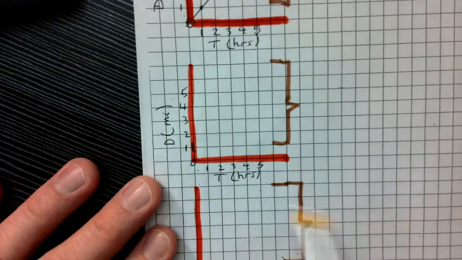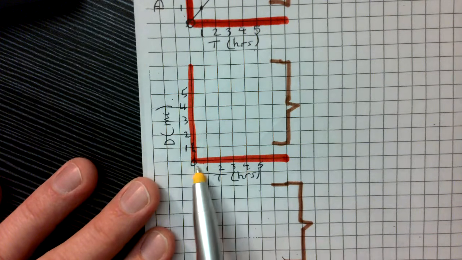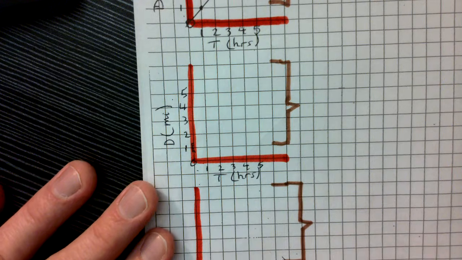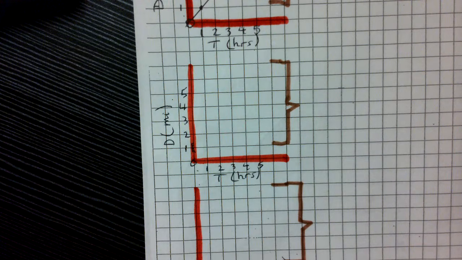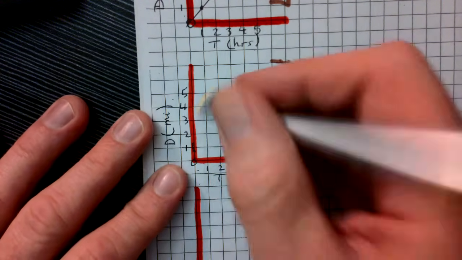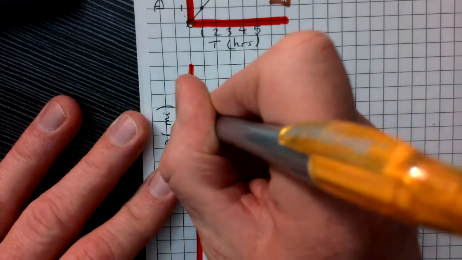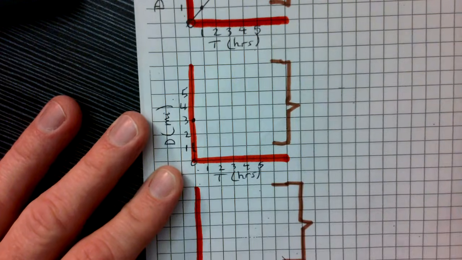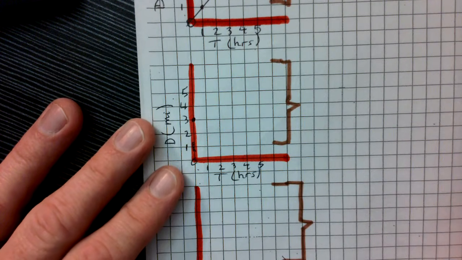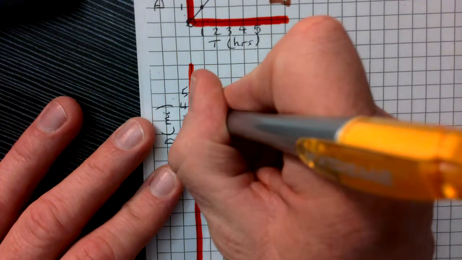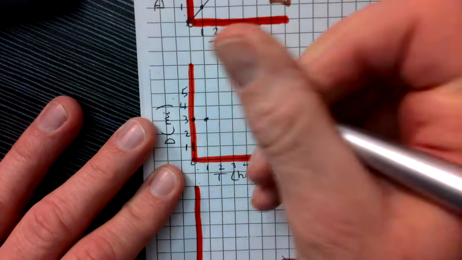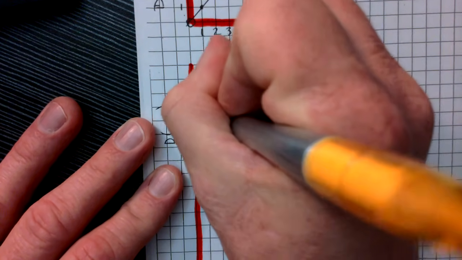Now, I could show you the horizontal line starting at 0, but that's going to be a little difficult since I already have a marker here. So let's just suppose real quick, we're going to start with my object 3 miles away. So it's going to start 3 miles away. And in 1 hour, it is still 3 miles away. And at 2 hours, it is still 3 miles away.